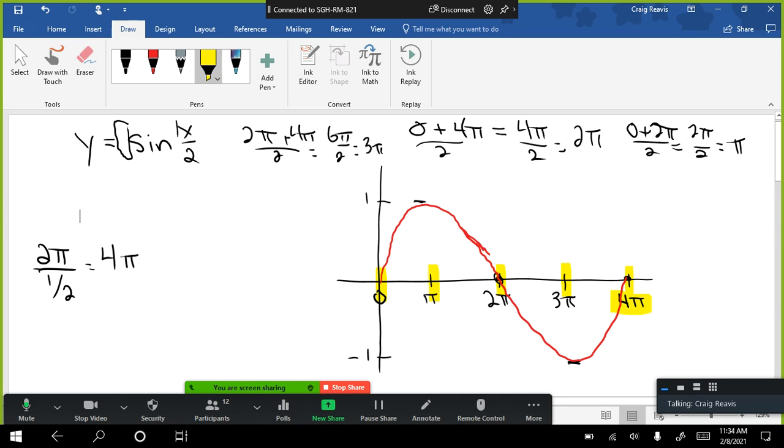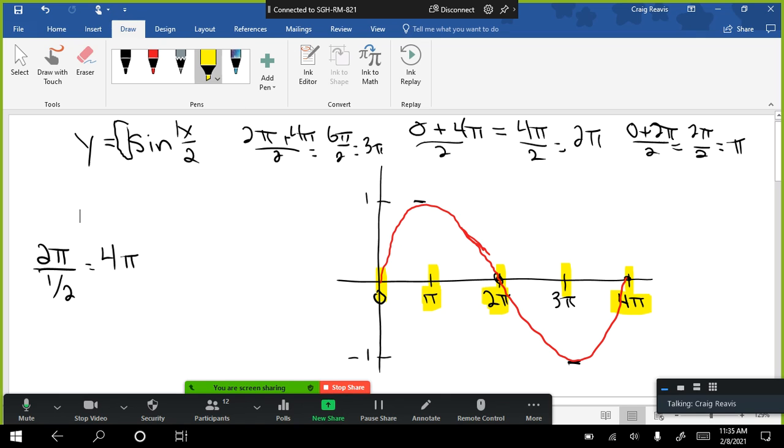Once I label my 4 pi, then I'm just finding the middle of each of these to get the other tick marks labeled. So I averaged 4 pi and 0 to find the middle one. Once I found the middle one, then I averaged the first one and the middle one to find the second tick mark.